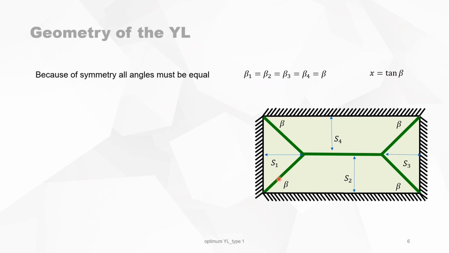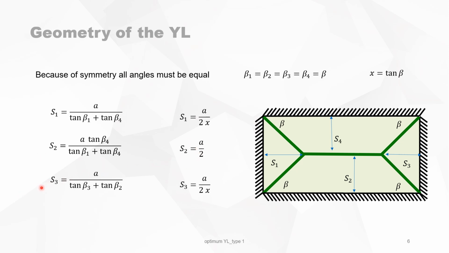So the tangents of the different angles here is a parameter. Then we can rewrite S1, which is A divided by tangents beta 1 plus tangents beta 4. So S1 is A over 2x. We can do the same for S2, and S2 is then A over 2.